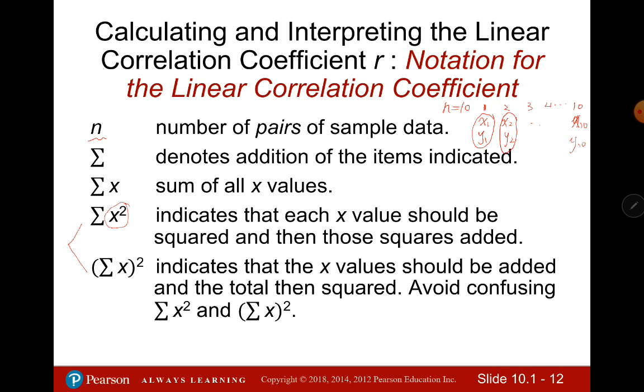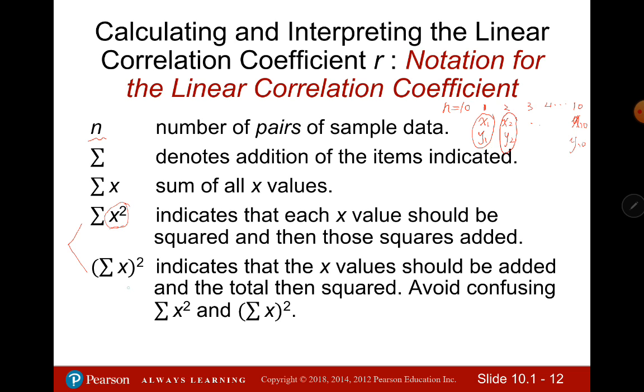So for the first observation, I have x1, then I find x1 squared and write down the value. For the second observation, I have x2 squared. Then I list the 10 x squared values. After that, I find the sum of all these 10 squared x values, right? So I find the square first, then do the addition.